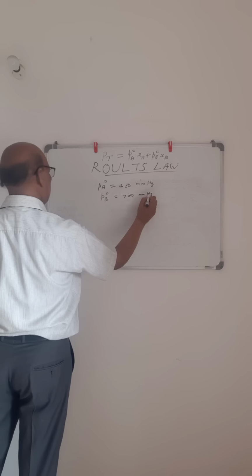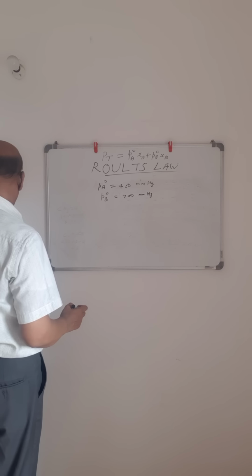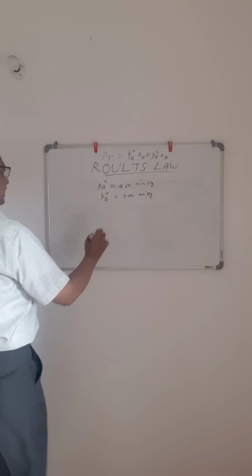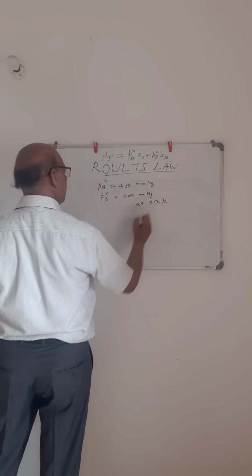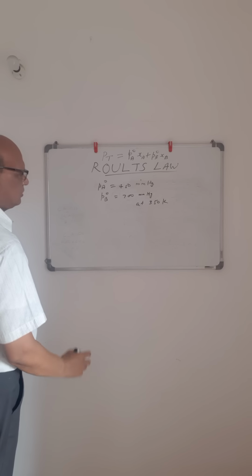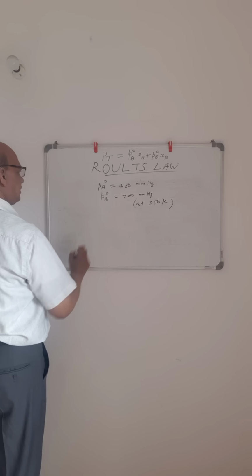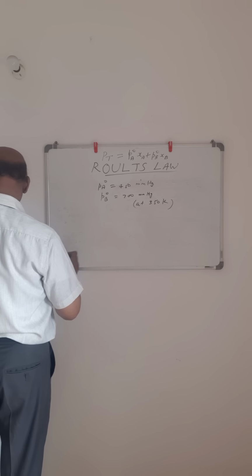So we have been given a solution of liquids A and B whose vapor pressures are these, and this is at 350 Kelvin. Because vapor pressure depends on temperature, they have specified that at 350 Kelvin these are the vapor pressures.